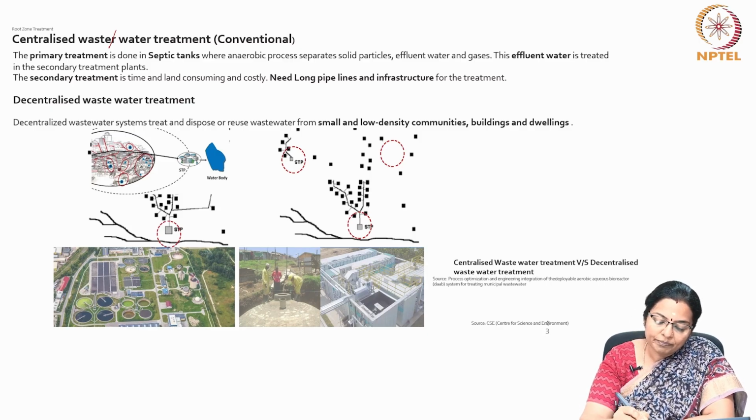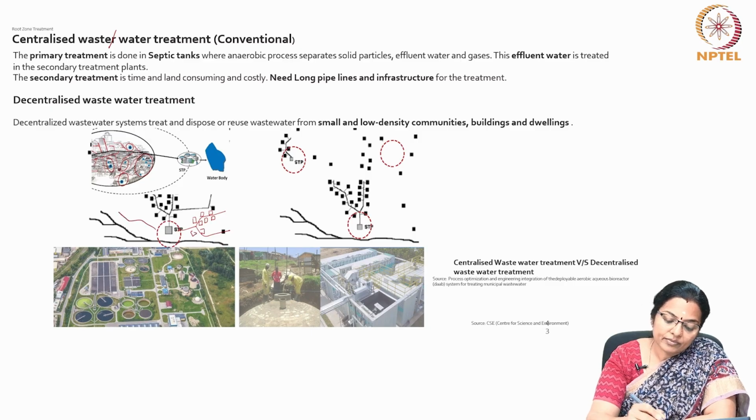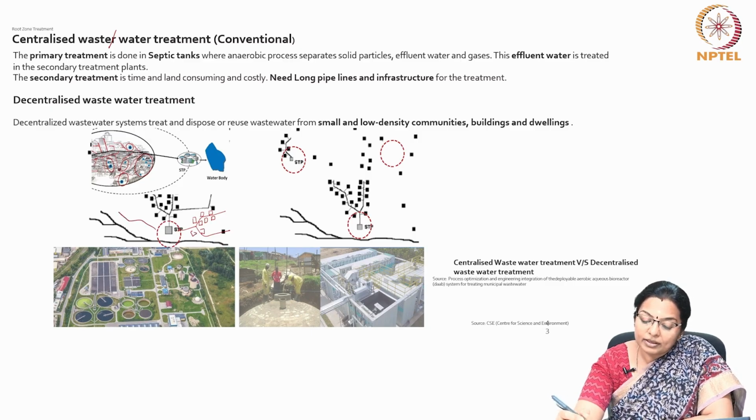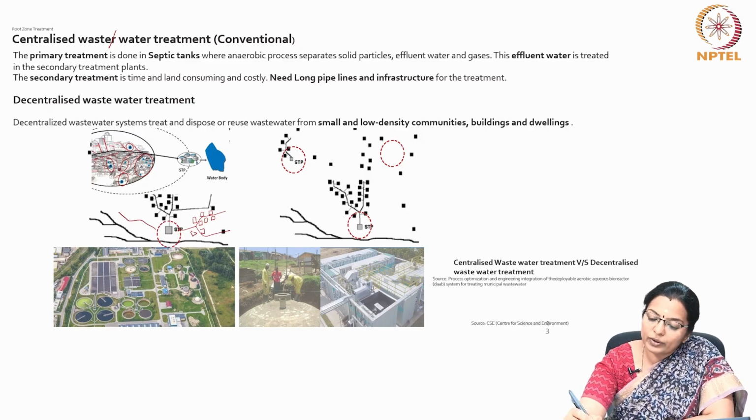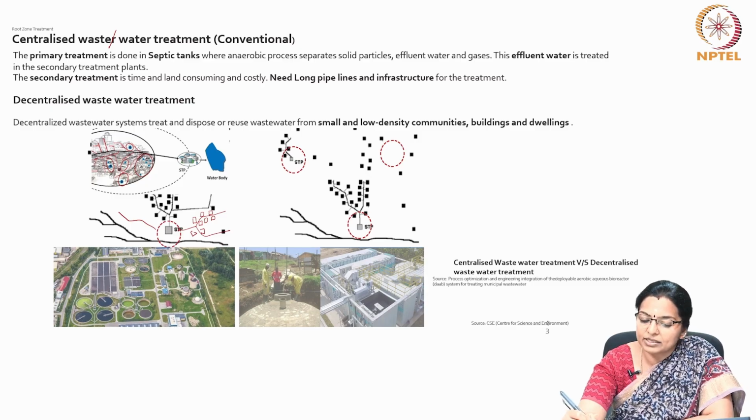So for the entire community, there is one sewage treatment plant, whereas a decentralized treatment plant looks like this, where there are multiple plants.